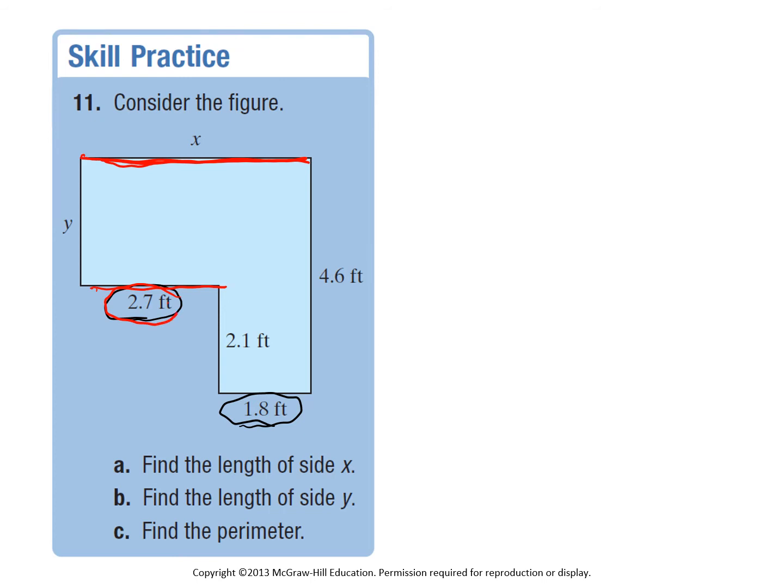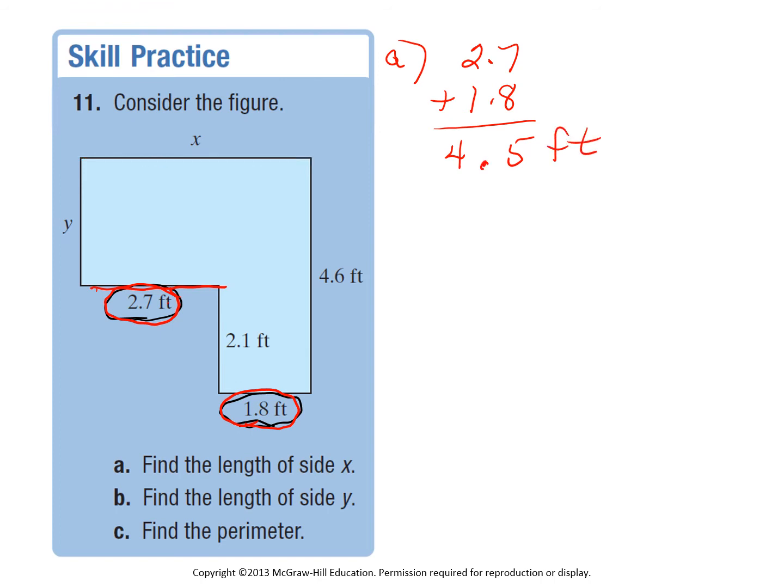So I look at this 2.7 and this 1.8, and I recognize that if I add those 2 pieces for letter A, then I'll have the length of X. So I'm going to do 2.7 and add 1.8, and I'll have 4.5 feet for the length of X.